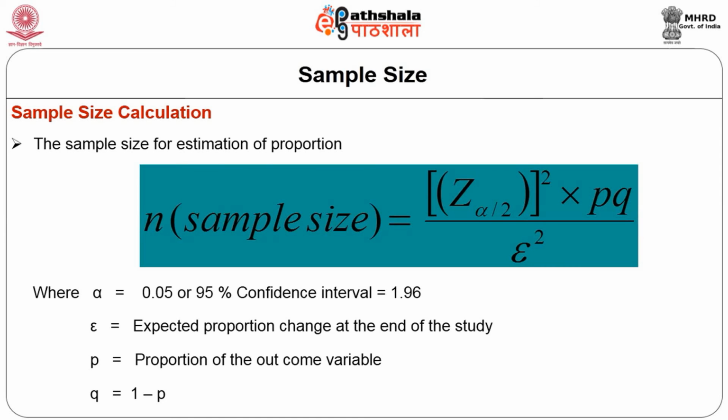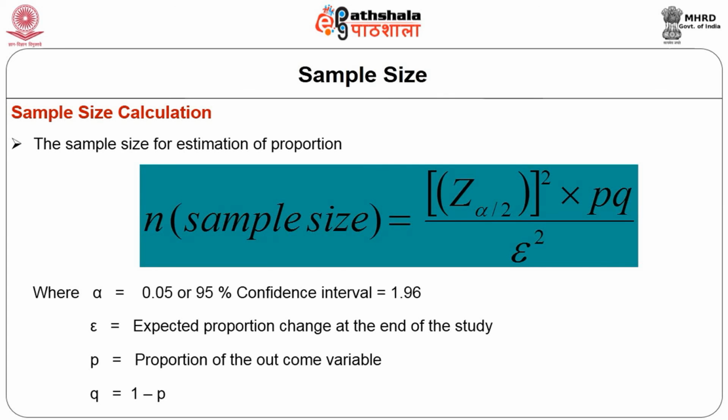You just go on changing the values in the formula, and you will get different sample sizes for different types of P's and different types of epsilons.